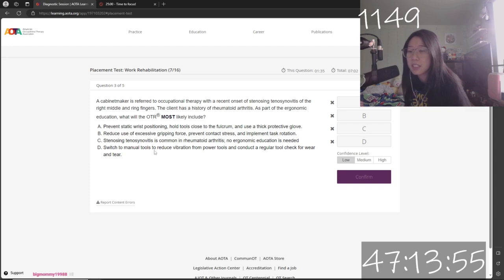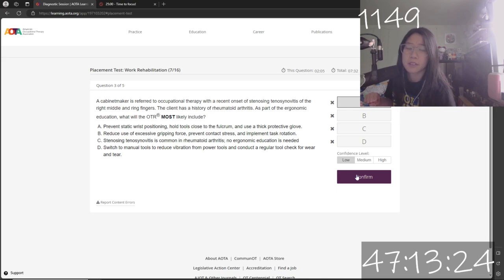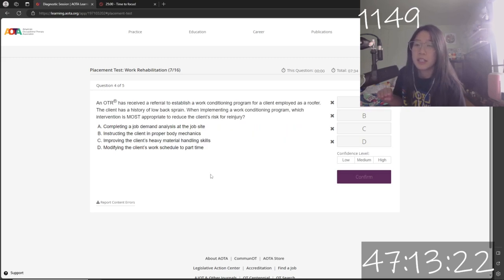Definitely not D, because you would definitely want to use power tools so you can use your hands less. Definitely not C. It's either prevent static wrist positioning, but with arthritis, I don't think you would want to. I guess you should reduce use of it, prevent contact stress, and implement task rotation. Maybe A then. Okay, I'm gonna say A. Confidence is kind of low.